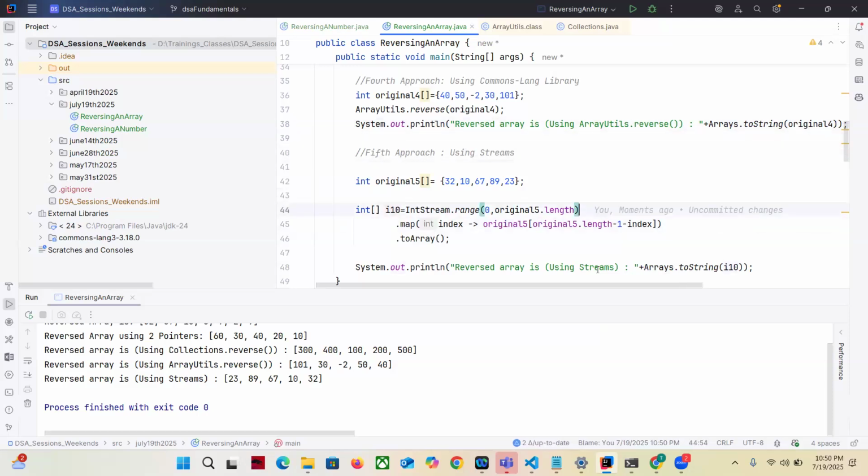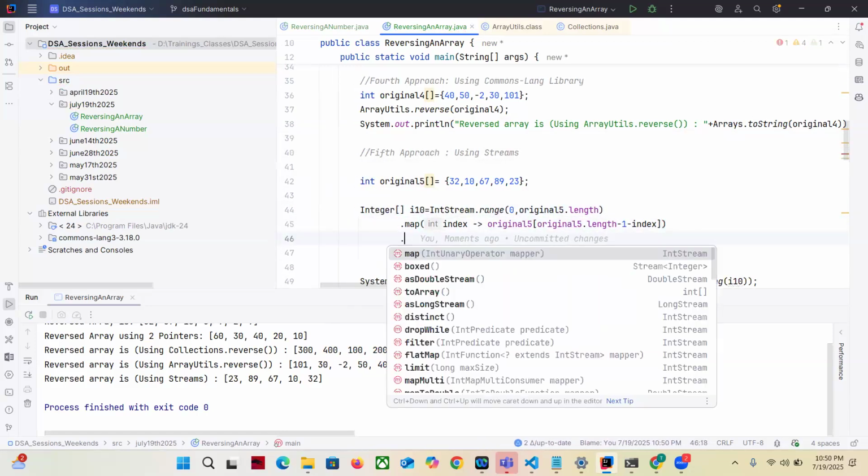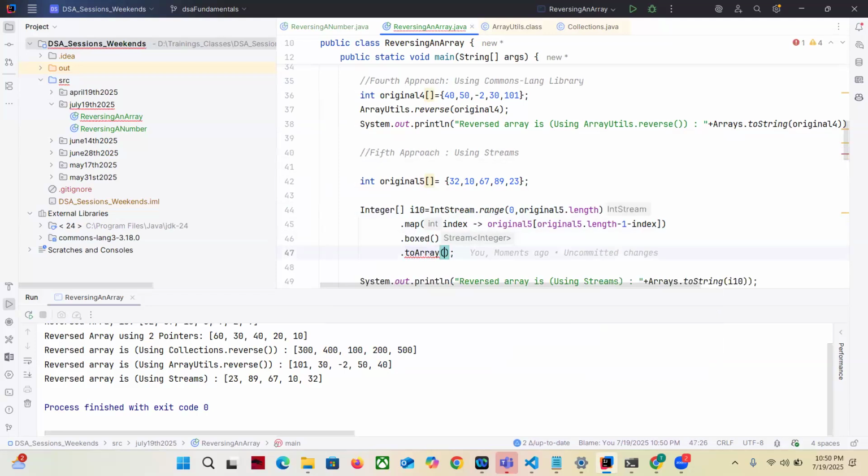Clear? So we're creating a map and using a lambda function.